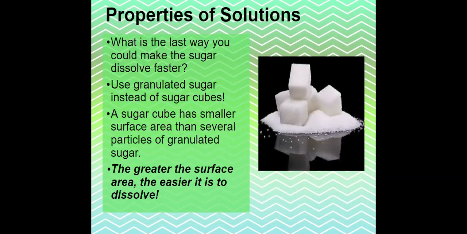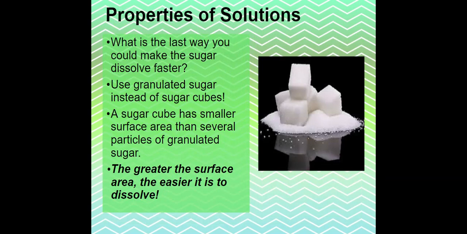The other way you could dissolve something faster is to use a larger surface area. Now, this may seem counterintuitive because you're like, well, a sugar cube is bigger than a piece of sugar. Yes, it is. However, when you put sugar in your tea, the only parts of the sugar that are touching the tea are the edges of those sugar cubes, not the sugar that's inside the cube.